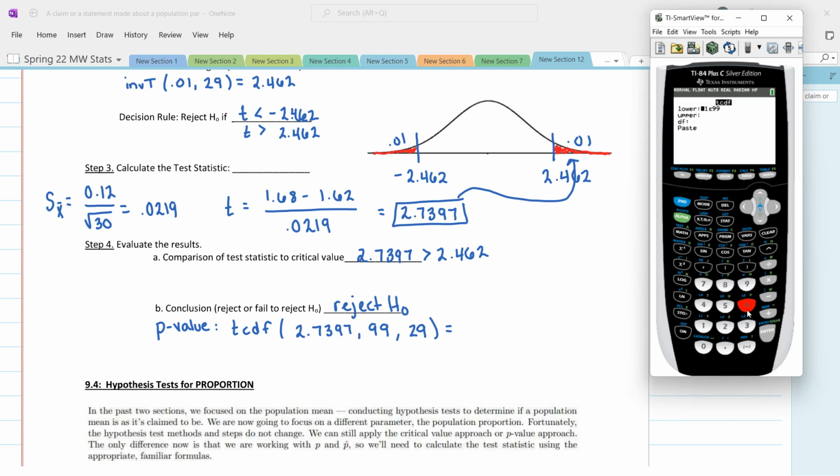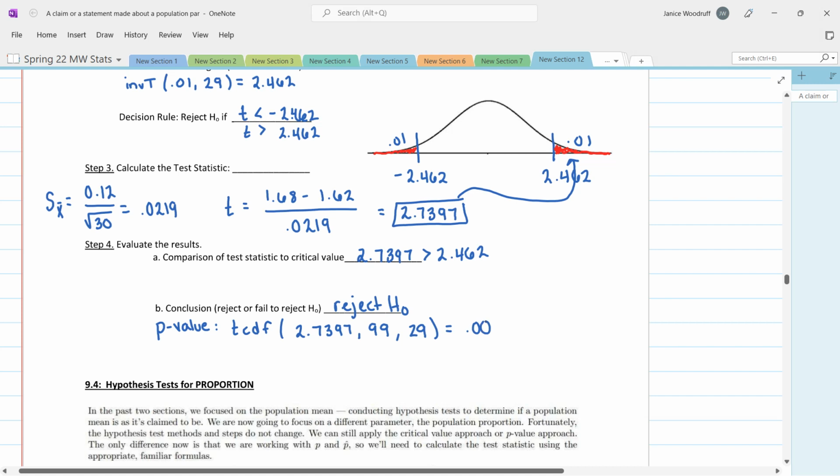So number 6, lower 2.7397, upper 99, degrees of freedom 29. So 0.0052. Okay, which is less than 0.01. So we reject, p less than alpha.